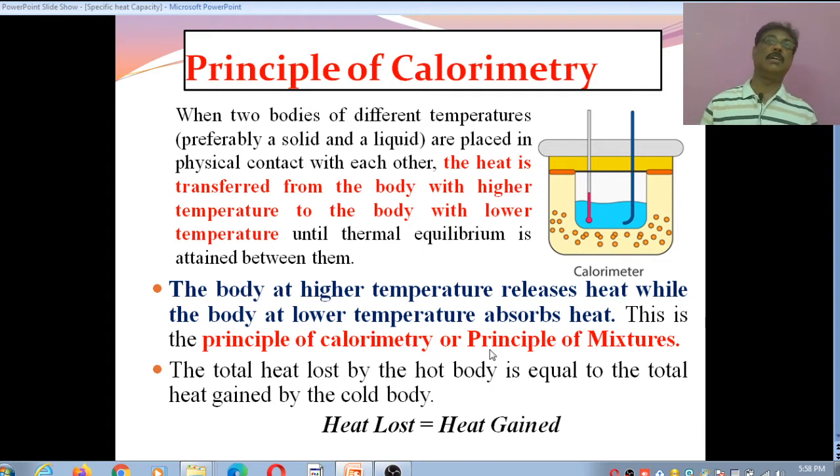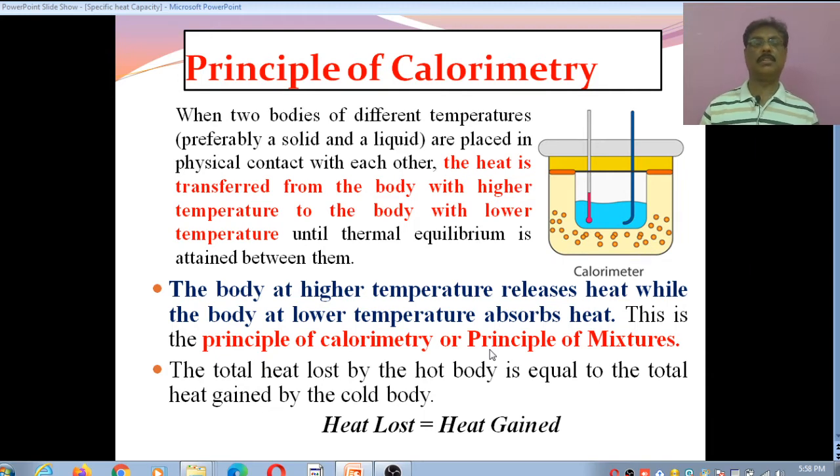The body at a higher temperature loses or releases heat. At the same time, the body at the lower temperature absorbs or gains heat.